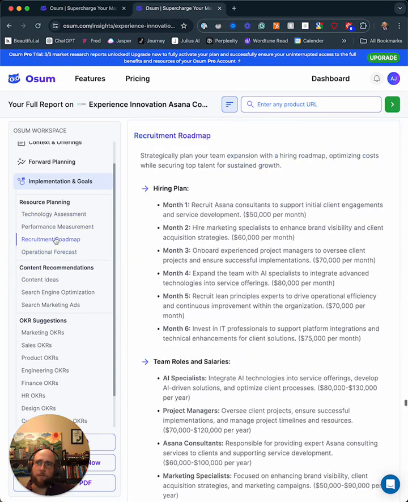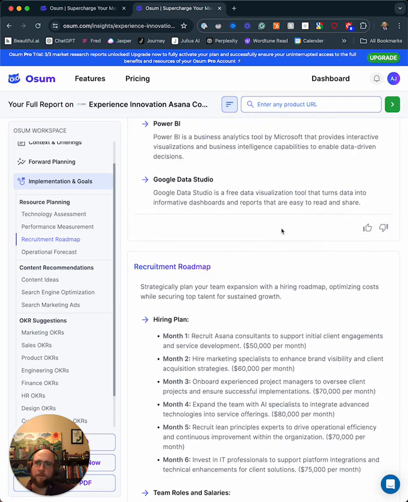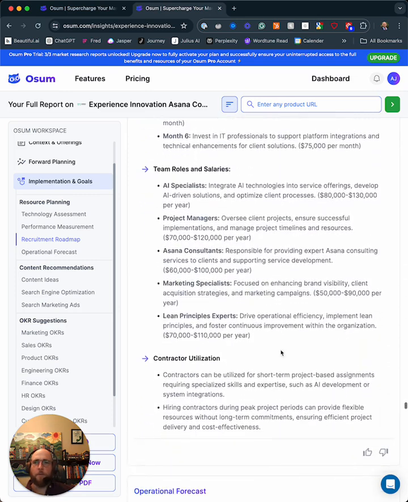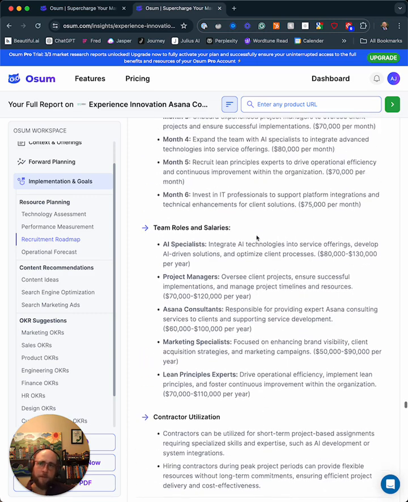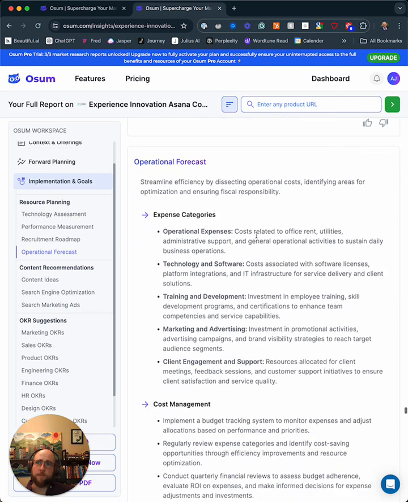The recruitment roadmap, I didn't understand it overly in terms of the way that they presented some of these numbers. Would I use this information? Possibly, possibly not. More realistically, I'm going to look at these different roles and say, okay, what is our roadmap? What's our plan for growth? And tie that in there using this information.